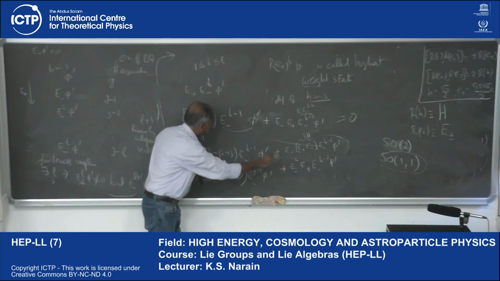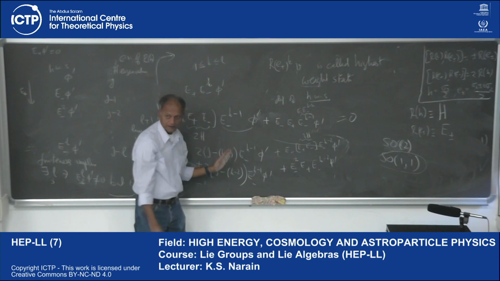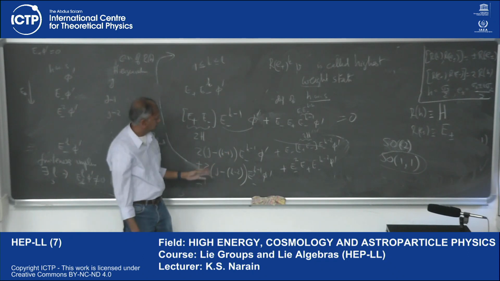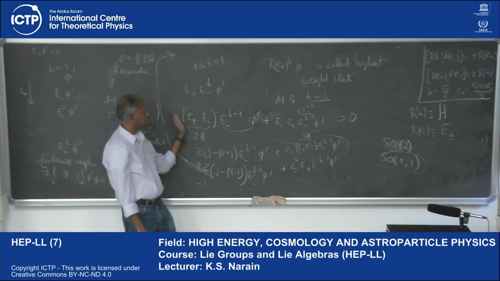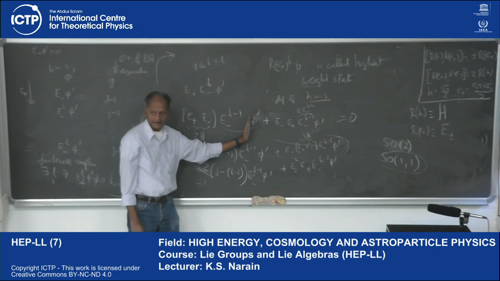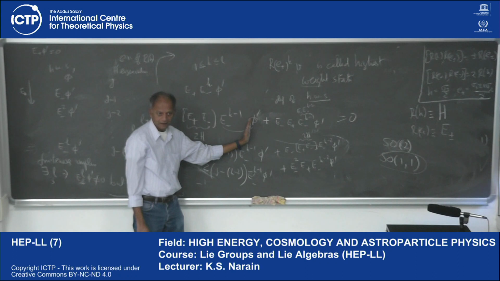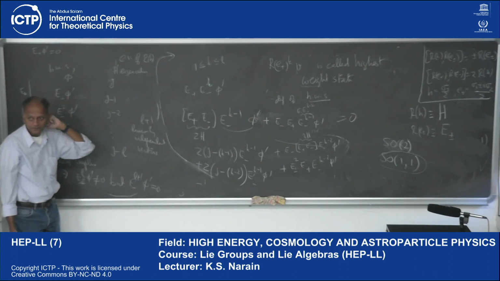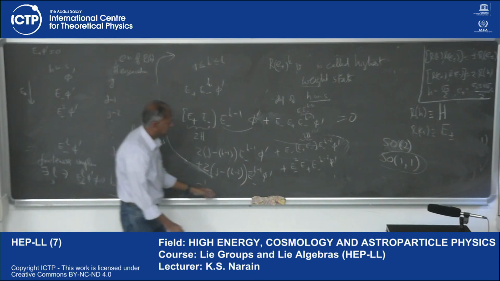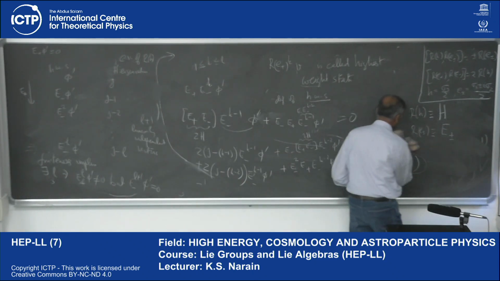So you keep repeating these steps, I don't know, k minus 1 steps or k steps. At the end, what you will get is the term where all the E minus to the k will be on this side and E plus will be acting on phi prime. And then I use this equation. That's 0. Right? So you keep repeating this step by step.